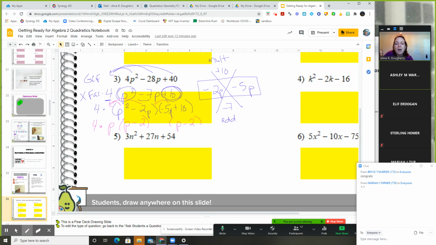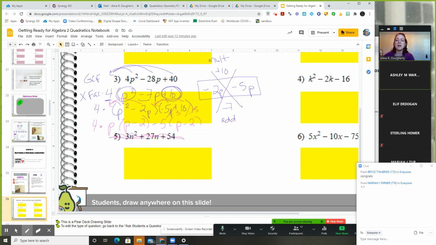What can I take out of negative 5p and positive 10? So I'm left with p minus 2. Can I divide by negative 5? And divide by negative 5. And that leaves me with the 2, right? So I'm going to pretend this problem isn't here.